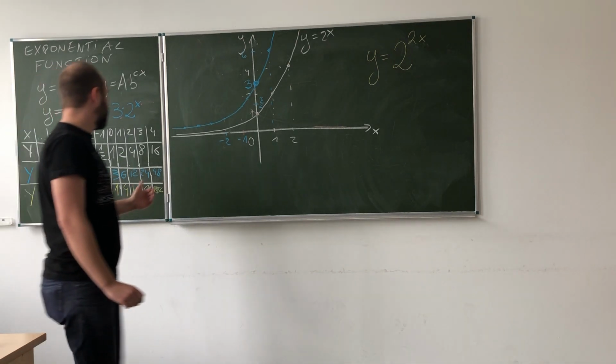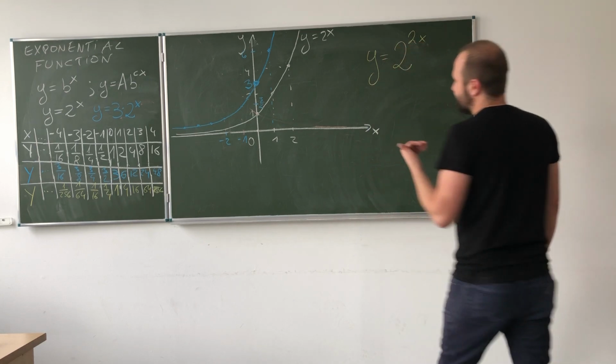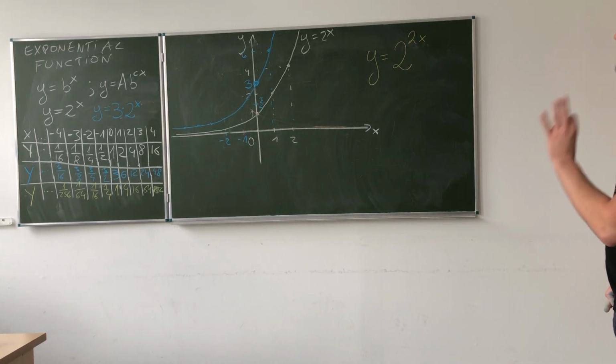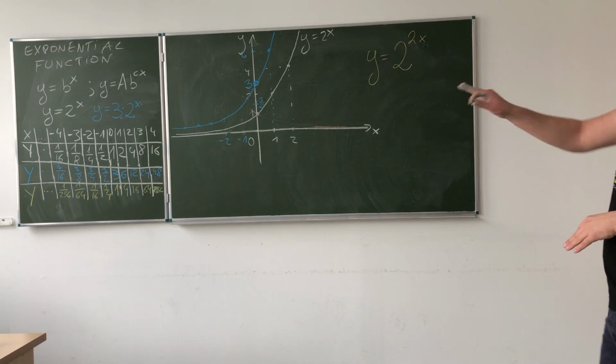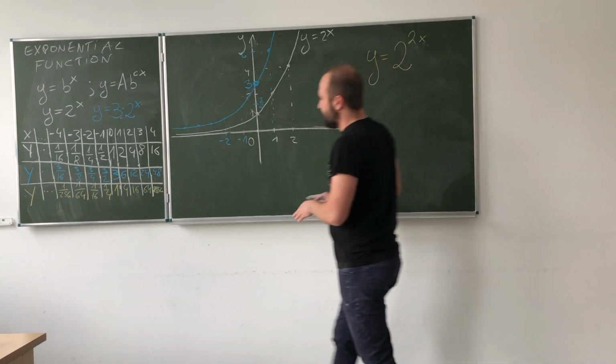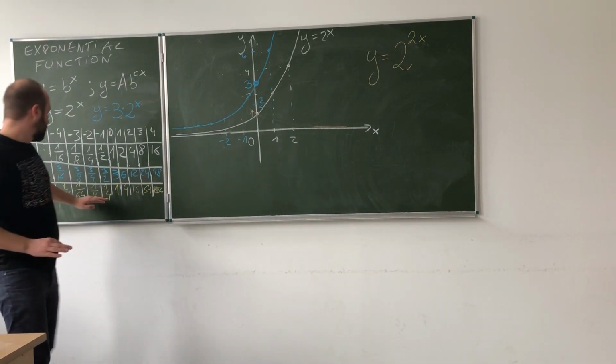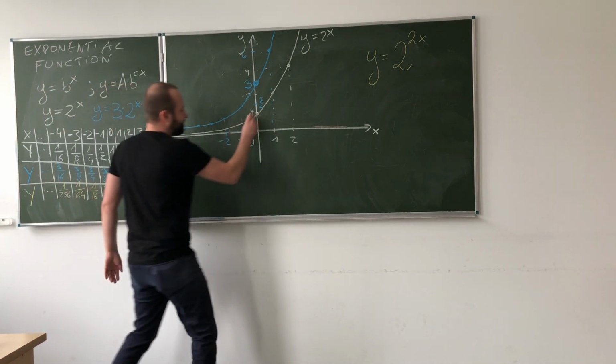Now the curvature of the function has changed, but it's changed in a very different way from what we observed with the previous function. Because look, let's start from here. We are starting at 1.